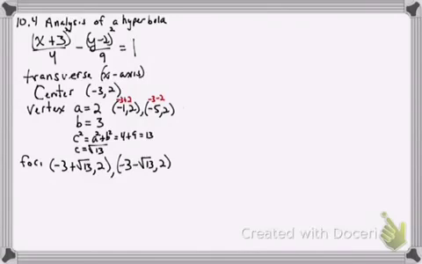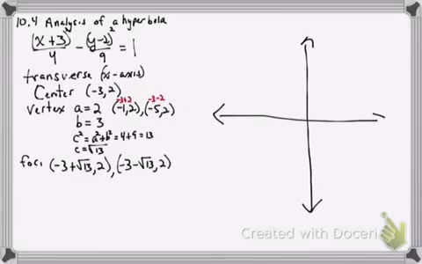So let's graph this and see what we got. So we have our x-axis, our y-axis. Let's plot our center. We said it's at (-3, 2). 1, 2, 3, 1, 2. All right.